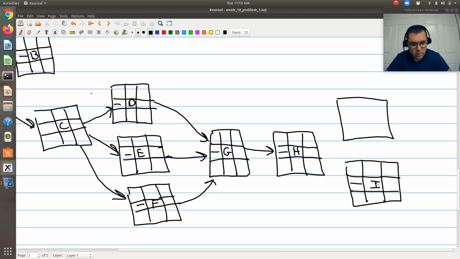And let me get alphabetical order. So the bottom one would be J. Here we have I. This H goes to I and J. Let me make my page wider.